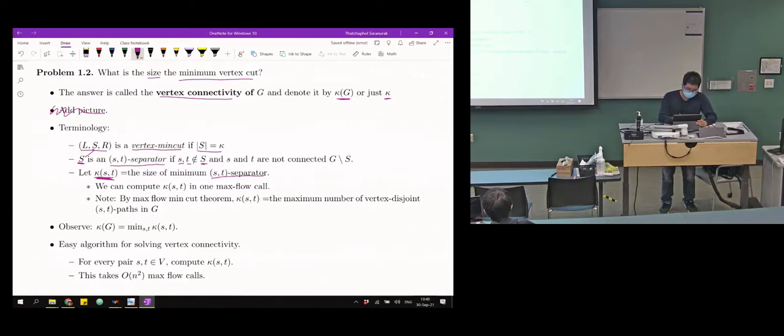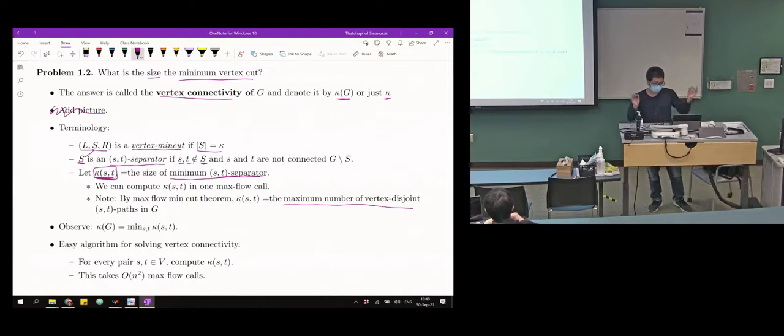Because the minimum vertex ST cut is the same thing as the maximum number of vertex disjoint ST paths, like a vertex max flow between S and T. If you're not familiar with this, you can look it up, but for today's class, we just assume that to compute kappa ST, you can just call one max flow.